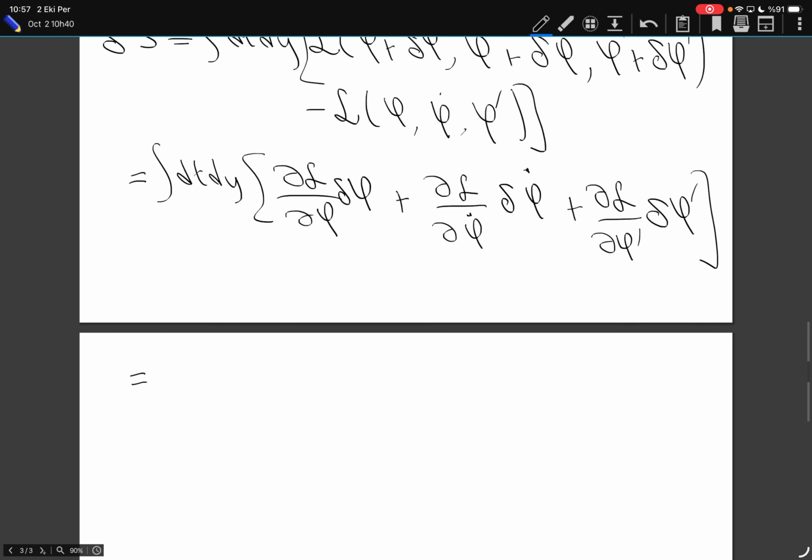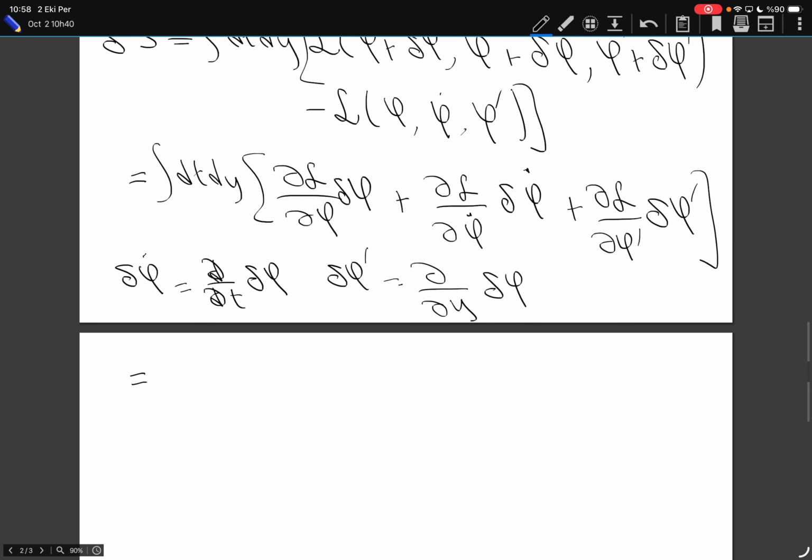Now this delta phi dot is nothing but the derivative with respect to time of delta phi, and similarly delta phi prime is the derivative with respect to y of delta phi.